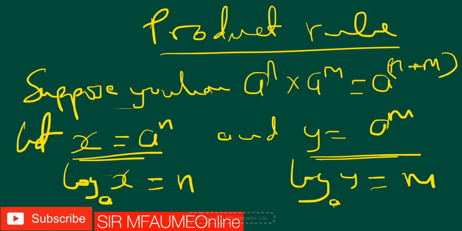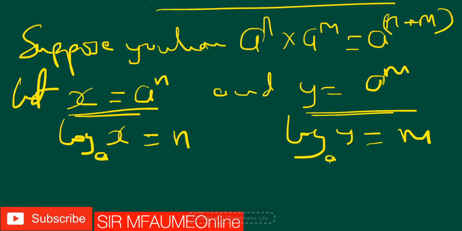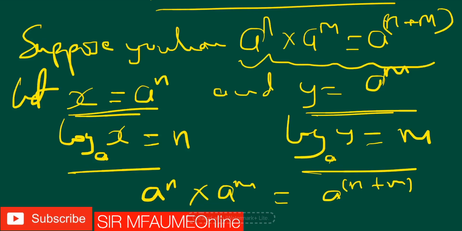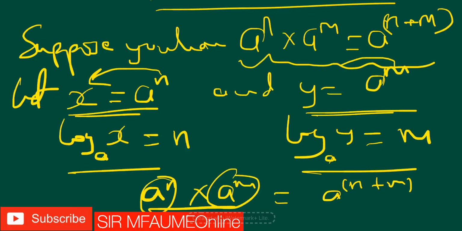But also remember from the previous step, we know that when you take a exponent n times a exponent m, the answer must be equal to a exponent n plus m. We know that a exponent n is equal to x, and a exponent m equals y.